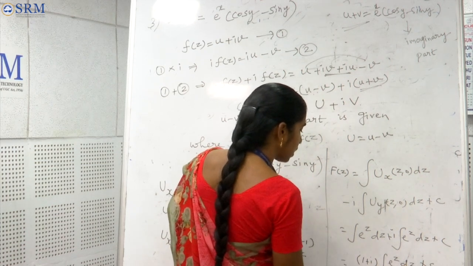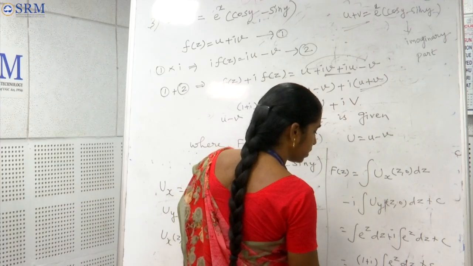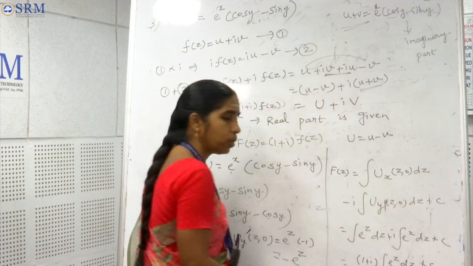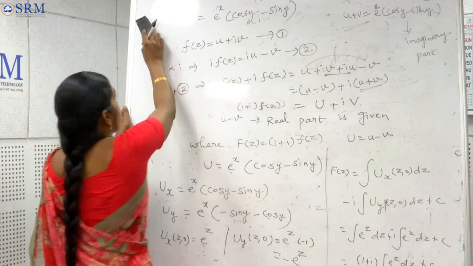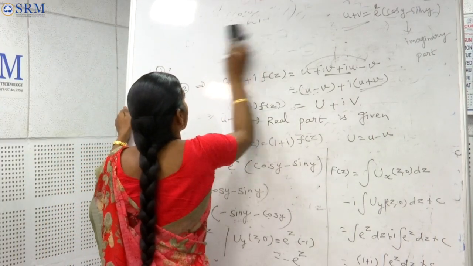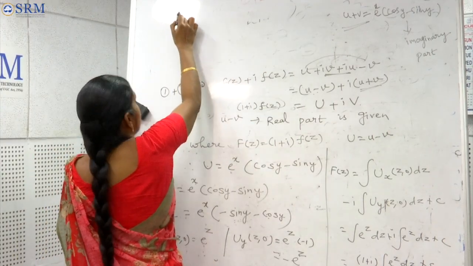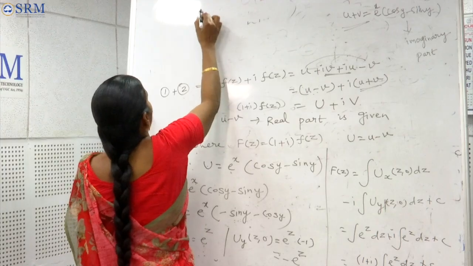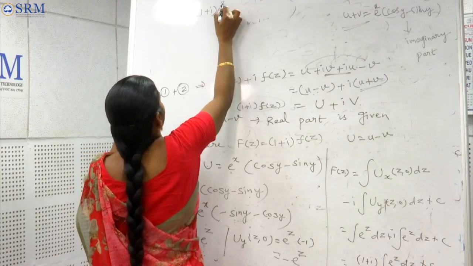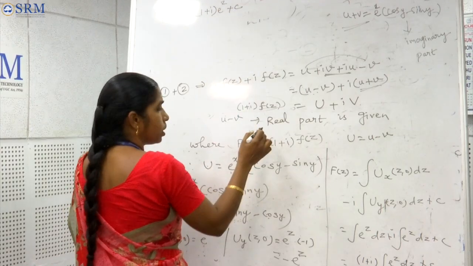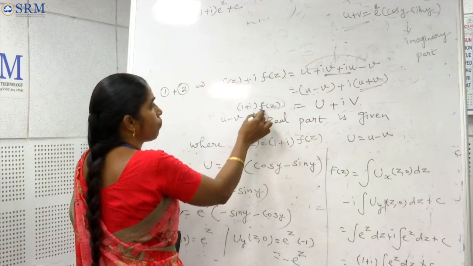So (1 plus i) e power z plus c. This value is capital F of z. So capital F of z is equal to (1 plus i) e power z plus c.